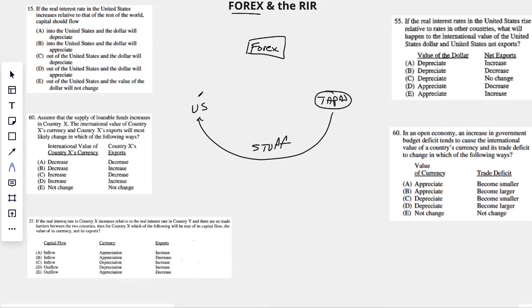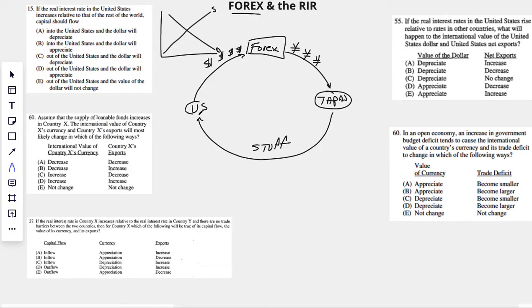So the US citizens who are buying this stuff have to take their dollars and dump it into the Forex, and then they're going to buy Japanese yen to pay for the stuff that they bought. So understand here that we have to draw this graph to make sense of what's happening to the value. It is just a supply and demand of American dollars in the Forex.